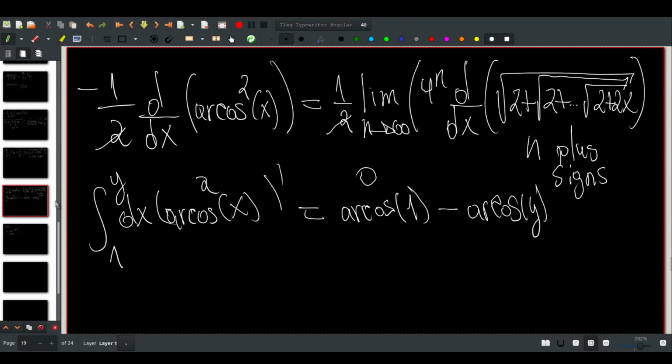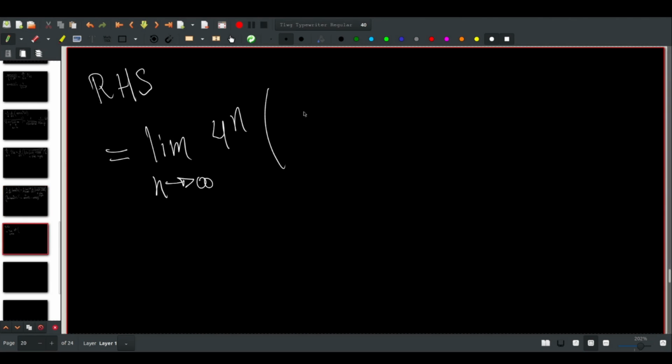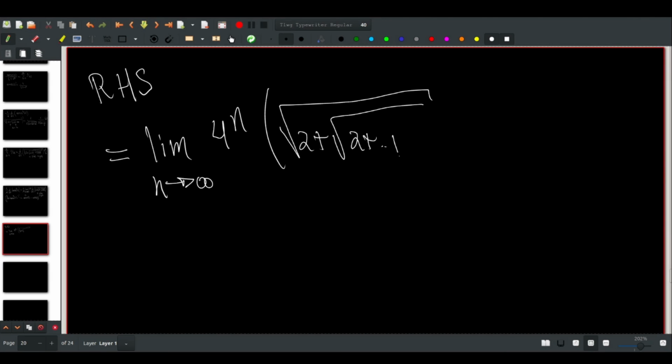So it's the y limit minus the 1 limit. So the y limit is just all these roots: 2 plus 2 plus 2 plus 2y, but the 1 limit, as I said, is 2, because it's fixed. For x equals 1, this limit is fixed. It doesn't matter how many pluses you have, this is always going to be 2.